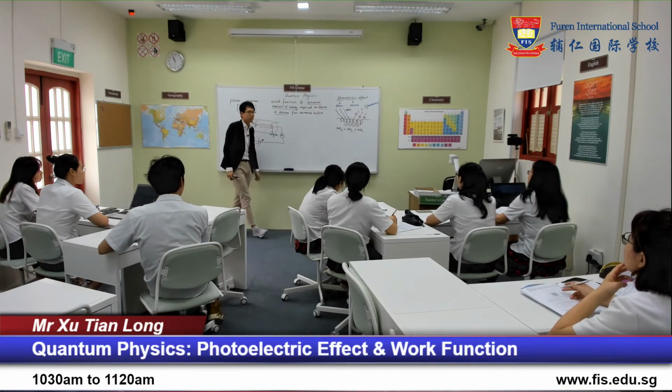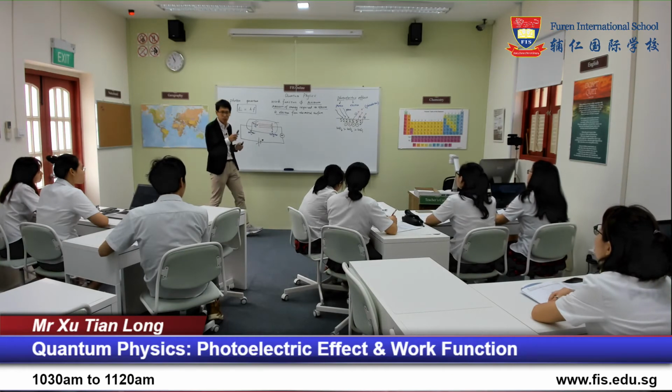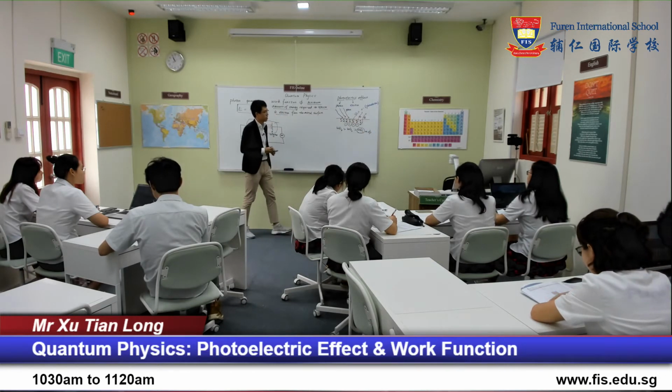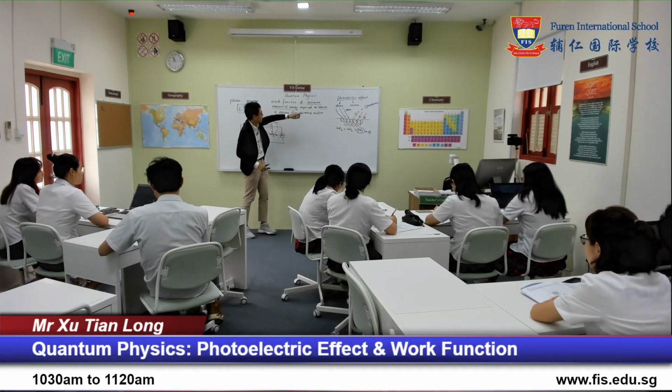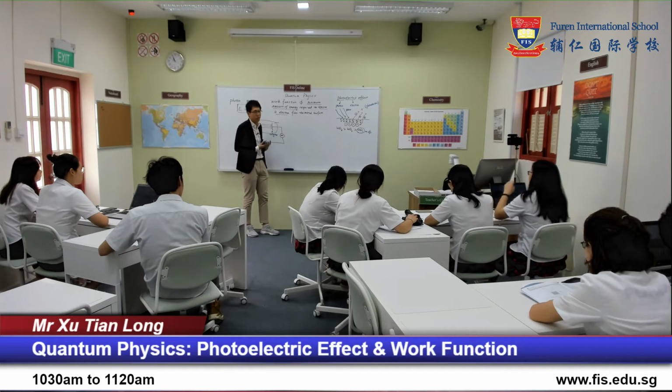Which one is the work function? Work done number 1. This is the work function, because it is at the surface, so it requires the minimum amount of energy to be removed.